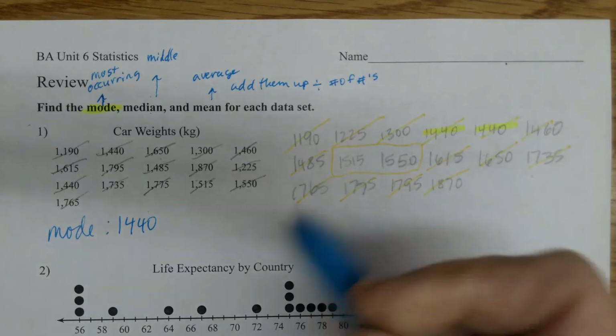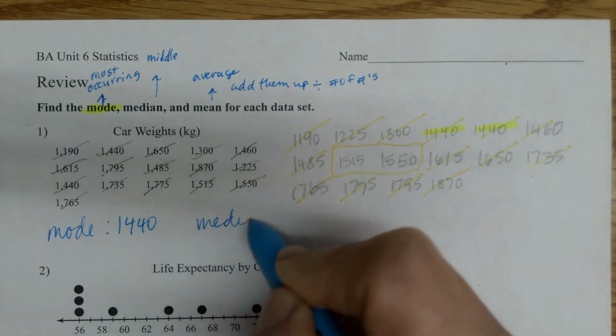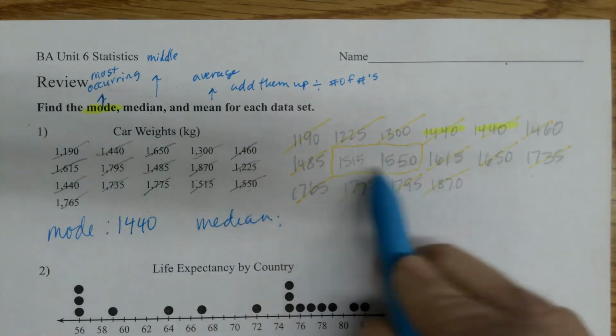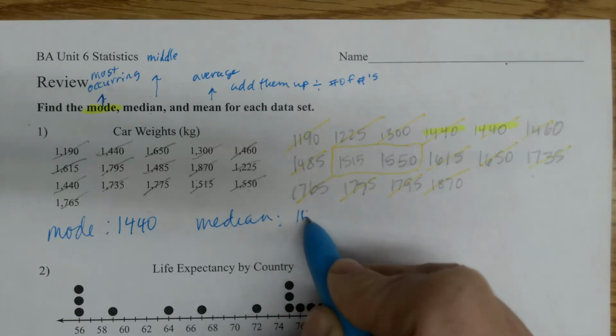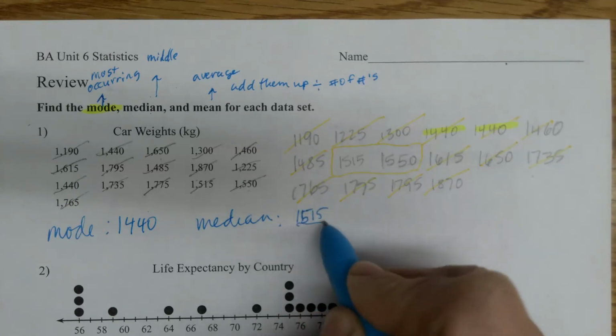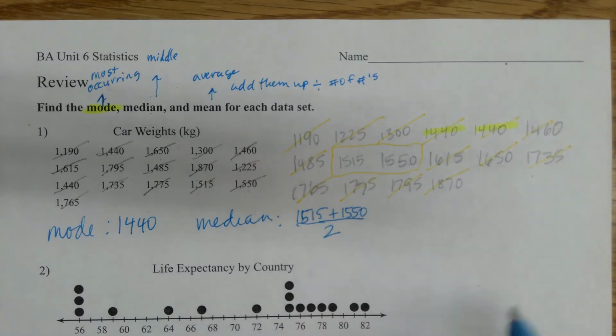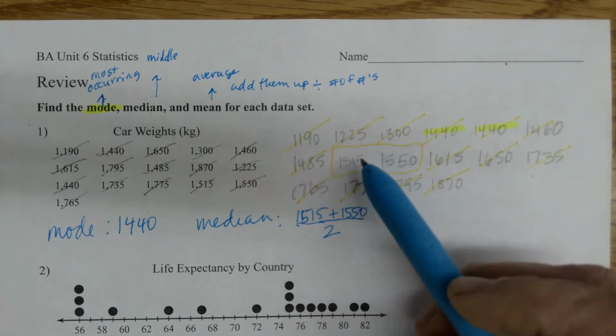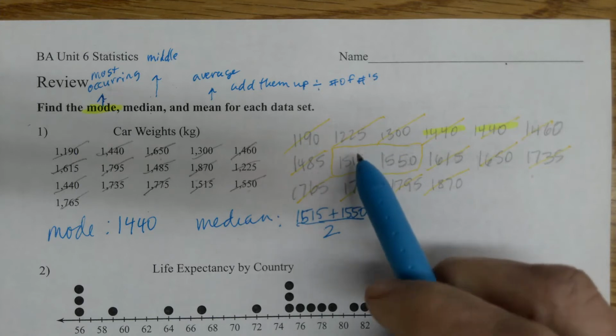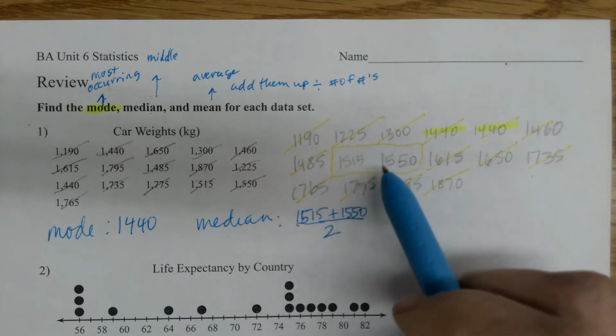So for my median, I am going to take those 2 middle numbers, 1,515 and 1,550, add them and divide by 2. Now, if I only had one middle number, then I would pick that middle number as my answer.